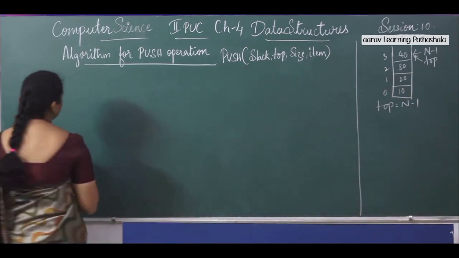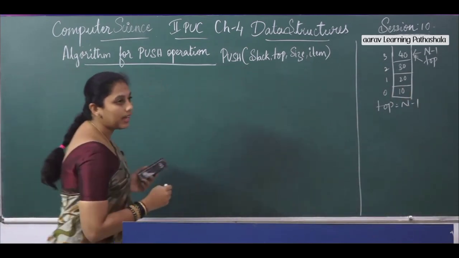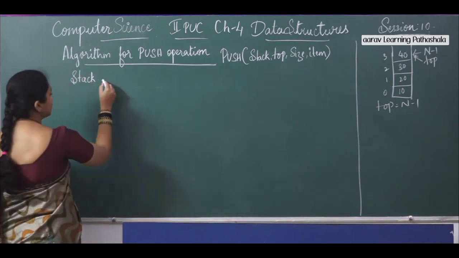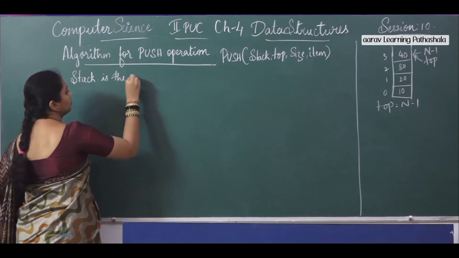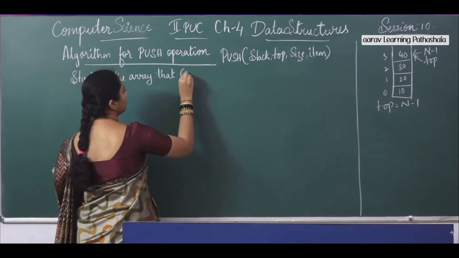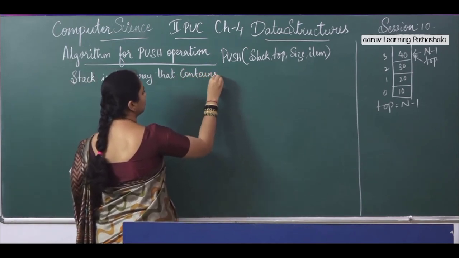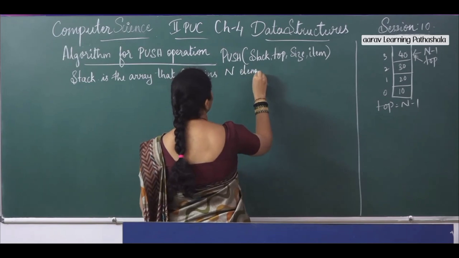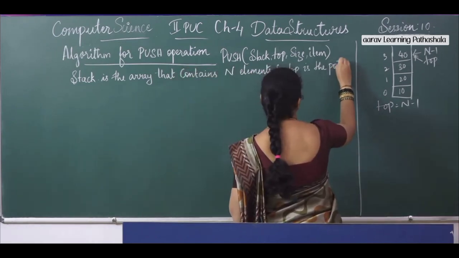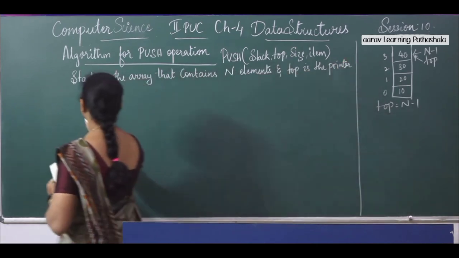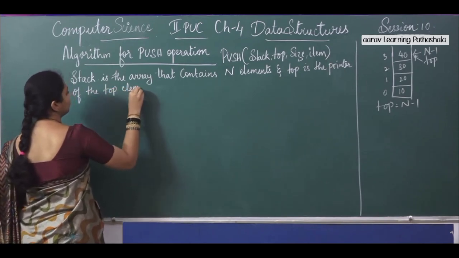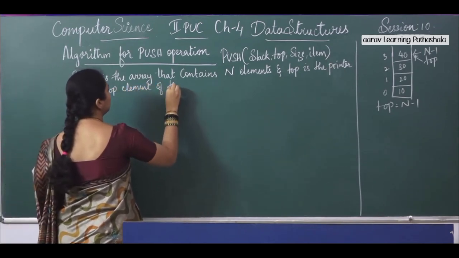So, in this condition, we cannot insert an item into the stack, right? So, what is the first step? Here stack is the array that contains n elements, and top is the pointer of the top element of the array.